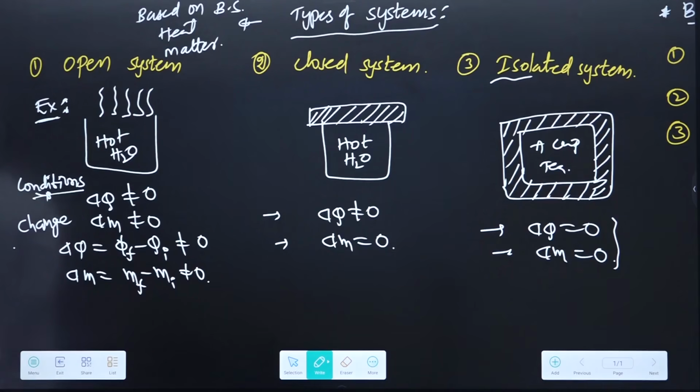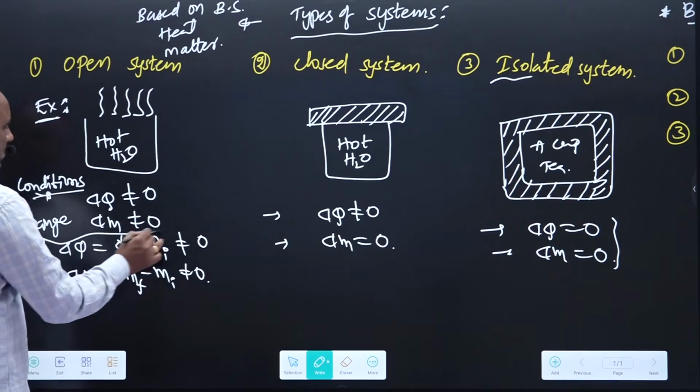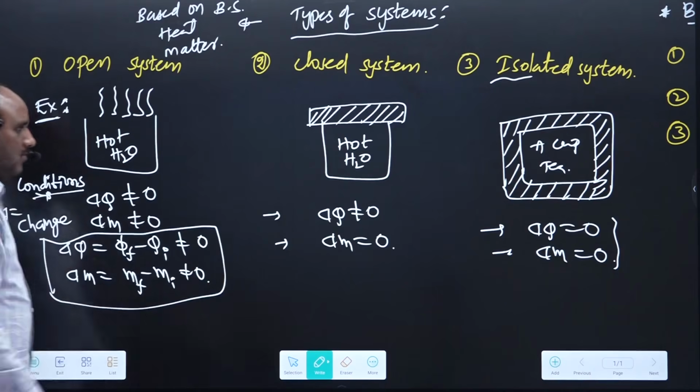Example, hot water in an open beaker, and the conditions will be delta Q not equal to 0, delta M not equal to 0. Delta means nothing but change, right? So just write one, or else write both.